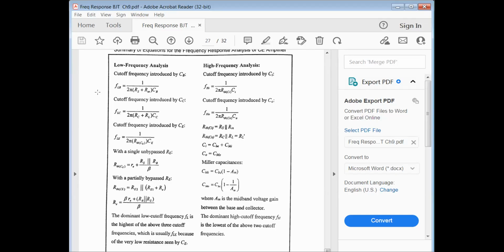My hesitancy to give you these equations is that some people are going to use this equation as a crutch, and it's going to break on them. If you understand how we got there by going through the example in the book again and say, okay, where's C sub B? Where's the resistance associated with C sub B?